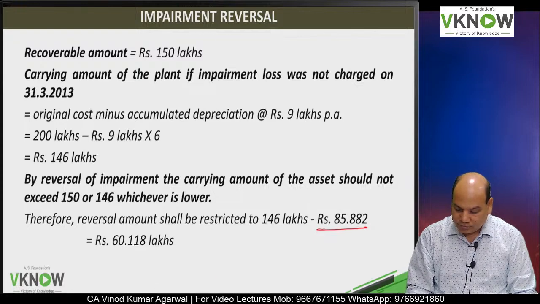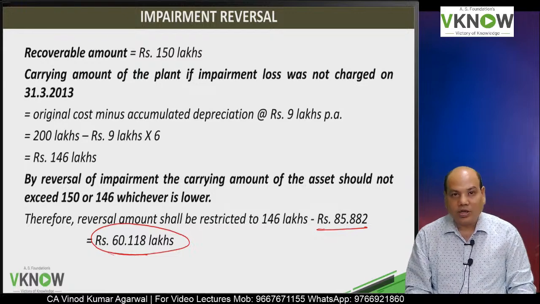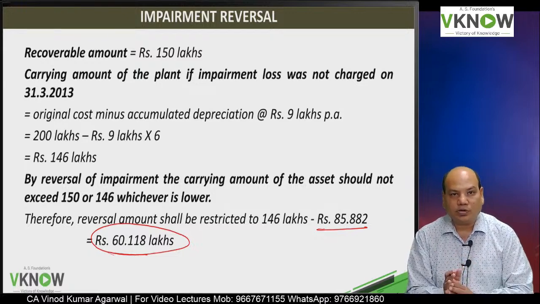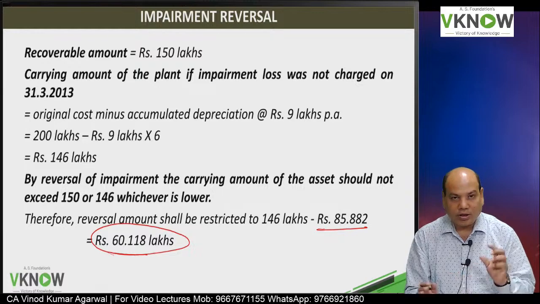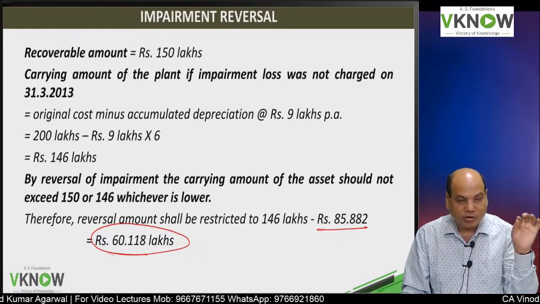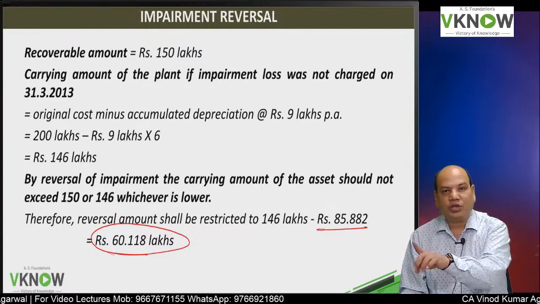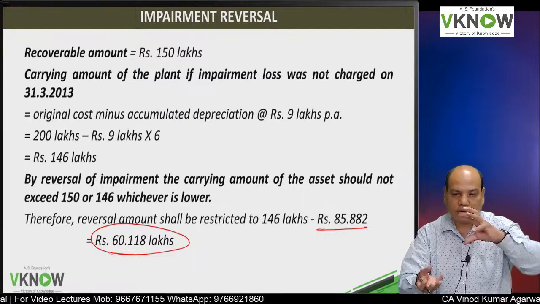Same thing. Now the question is the journal entry for reversal of impairment loss of 60.118 lakh. When we had created the impairment loss, students will remember the first entry was impairment loss to provision for impairment loss. Now reverse it.